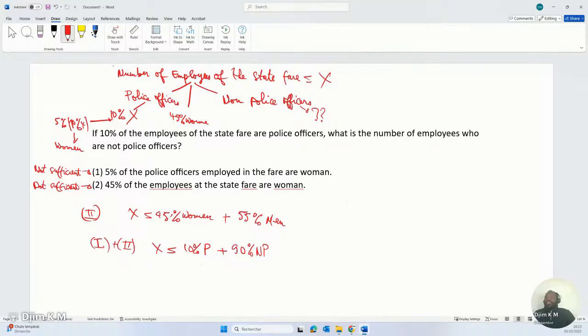Out of the 10%, we will have 5% of the police officers who are women. We have 5% women and 95% men.